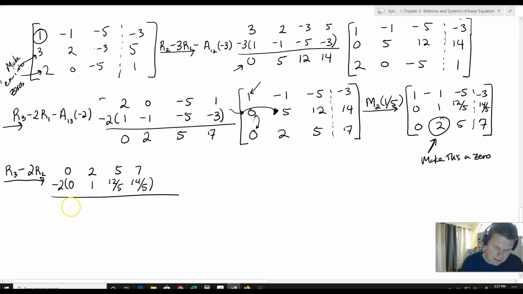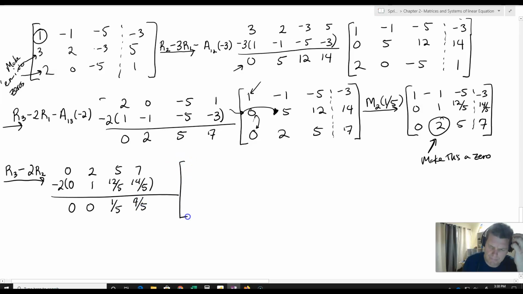Right? So this is still a 0. And that's one of the reasons why we start with the farthest left column, because we'll continue to have zeros as long as we make zeros below our leading ones. 2 minus 2, that's 0. Great. 5 minus 24/5 is just 1/5. And then 7 minus 28/5 is going to end up being 7/5.